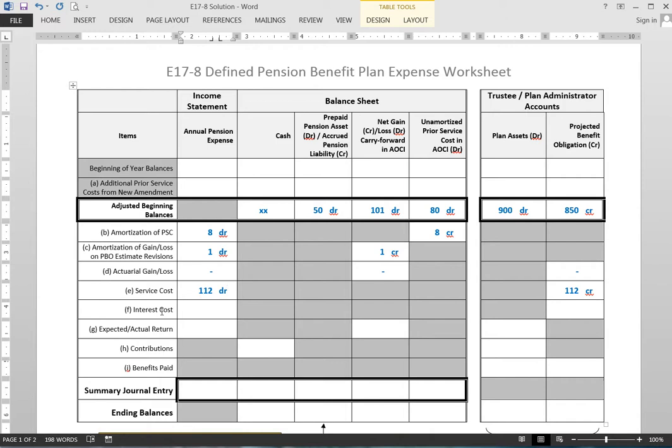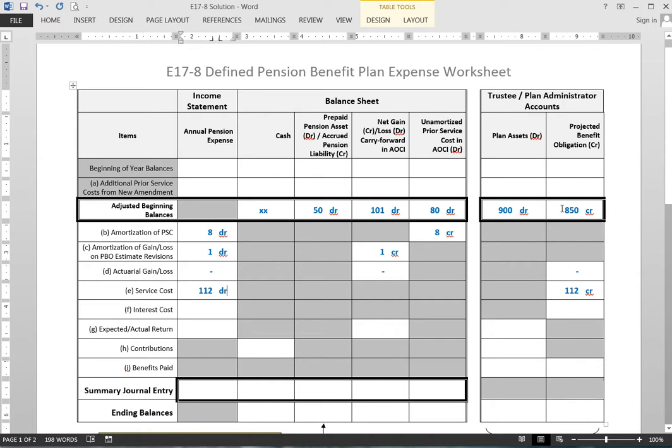Well, now that we are another year closer to the future, so to speak, we begin to amortize that discounting effect. And the way that the interest cost works is we take our discount rate or our interest rate that's assumed in the analysis, and we multiply that by the beginning balance of the projected benefit obligation.